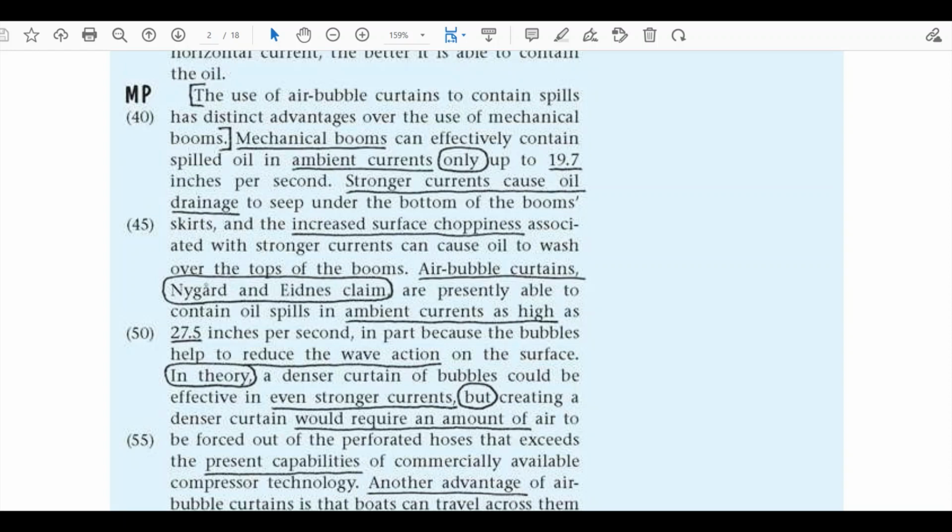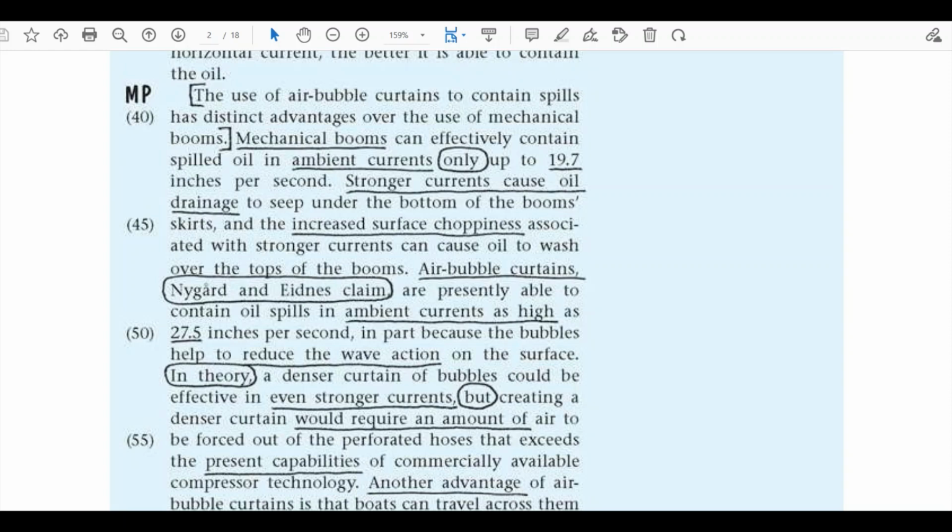Next, and the third main point here, the use of air bubble curtains to contain spills has distinct advantages over the use of mechanical booms. Mechanical booms can effectively contain spilled oil in ambient currents only up to 19.7 inches per second.